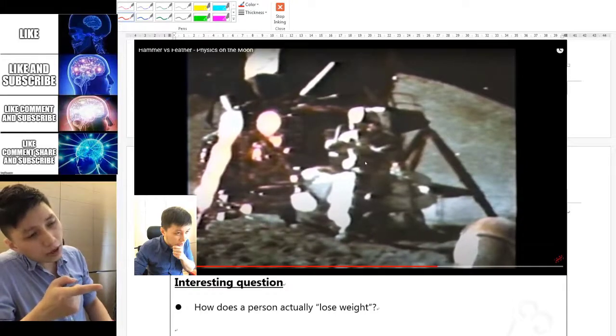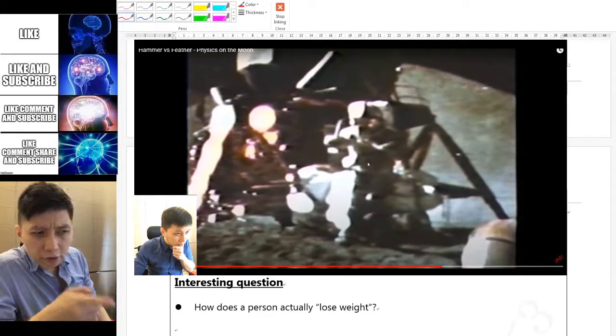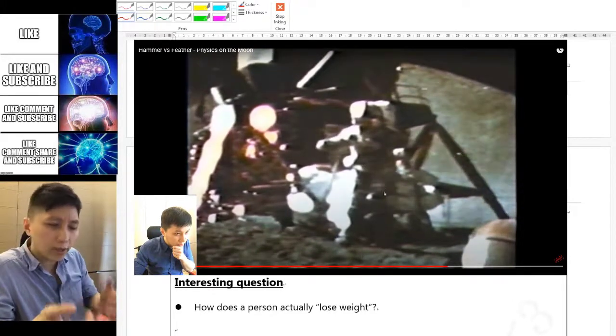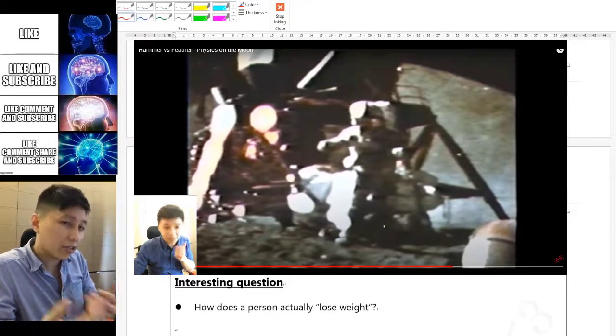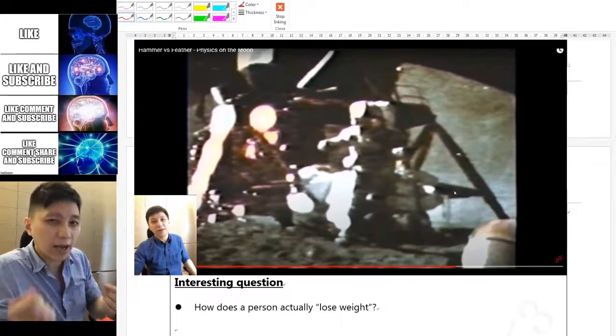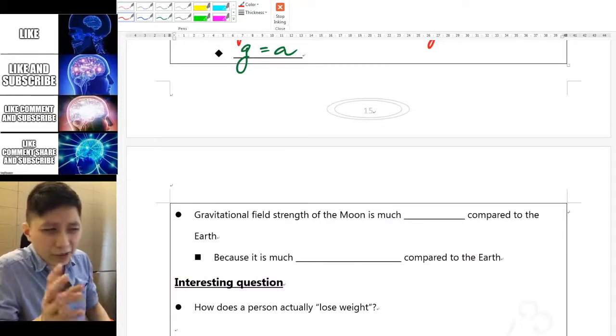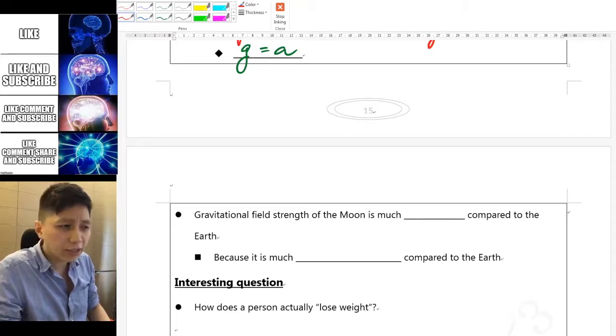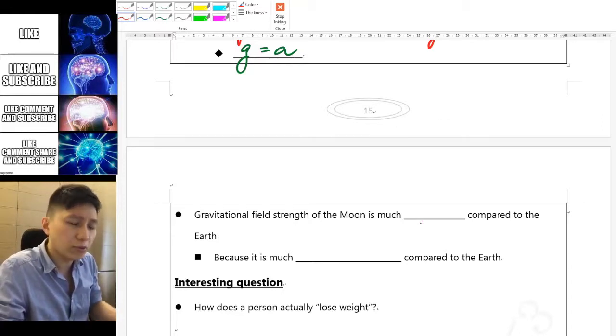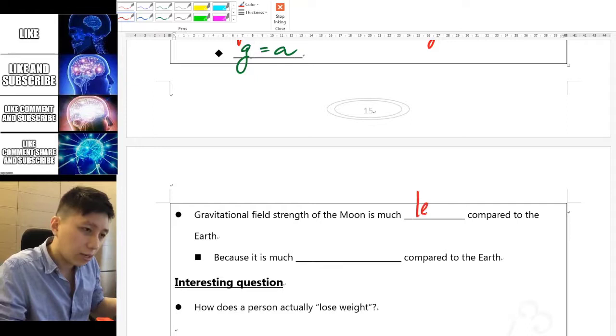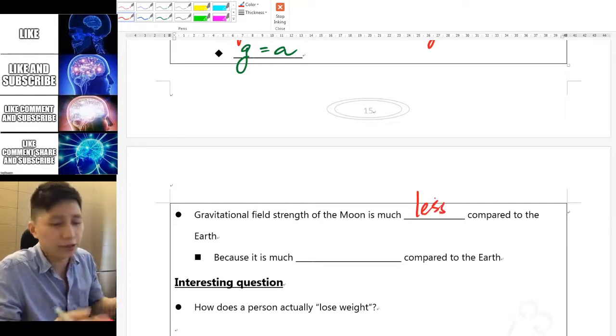If you compare free falling on the moon to the one on Earth, the one on Earth takes much less time to reach the ground from the same height. And that's something to do with the gravitational field strength. The gravitational field strength of the moon is much less compared to the Earth.